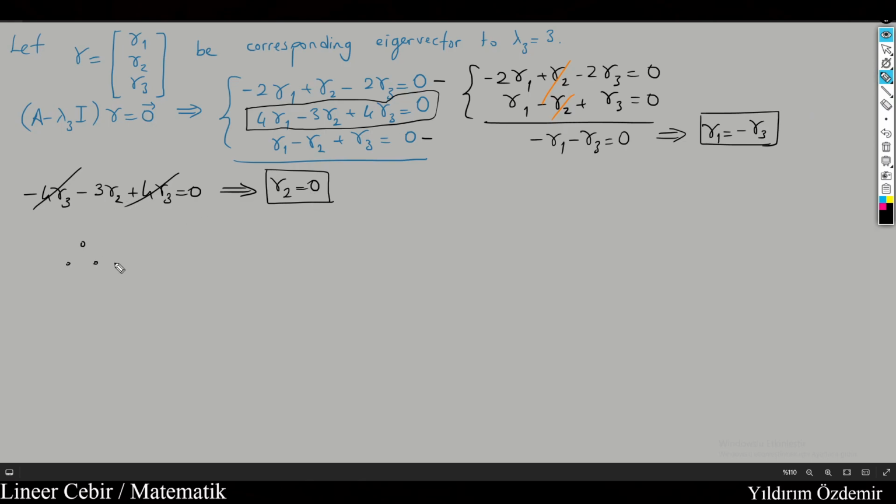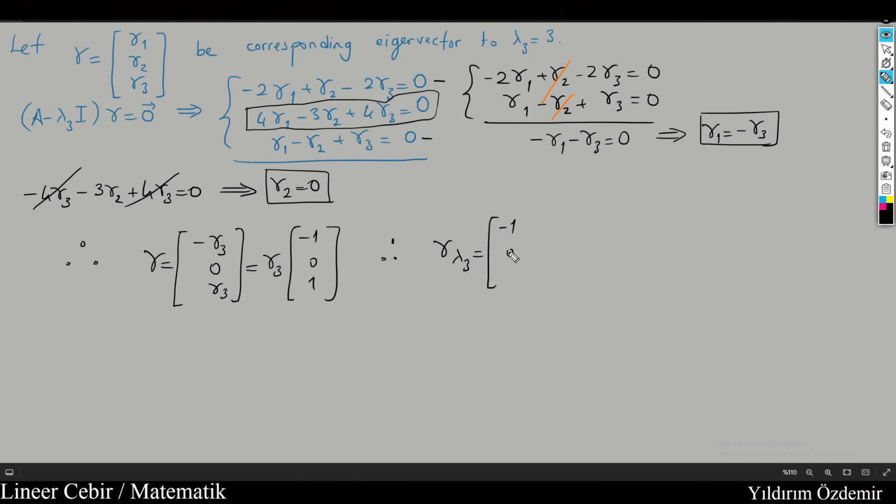Therefore, gamma is now minus gamma 3, 0 and gamma 3. Finally, we have this eigenvector: gamma for lambda 3 is equal to minus 1, 0, 1.